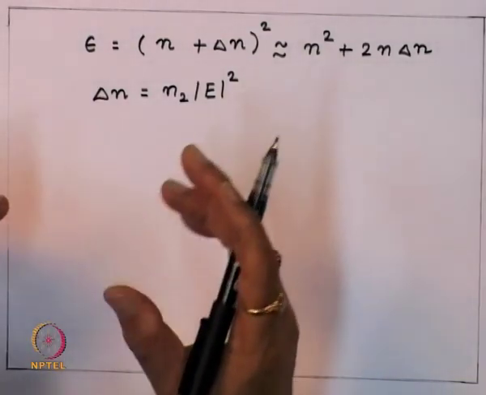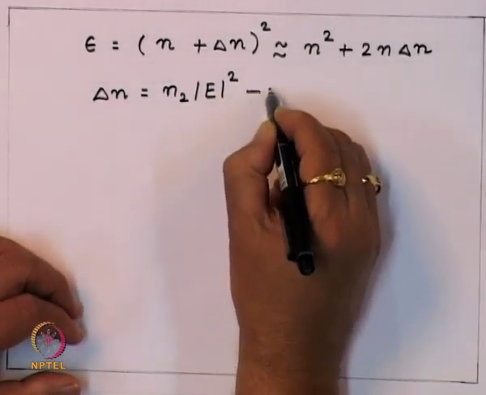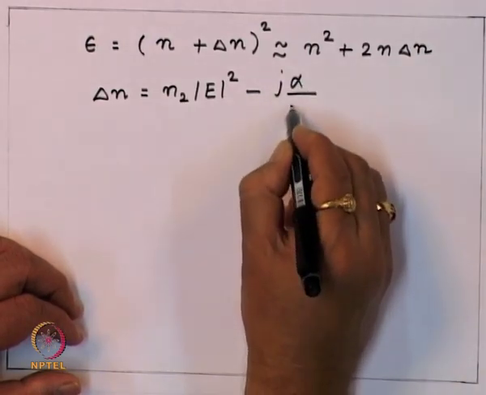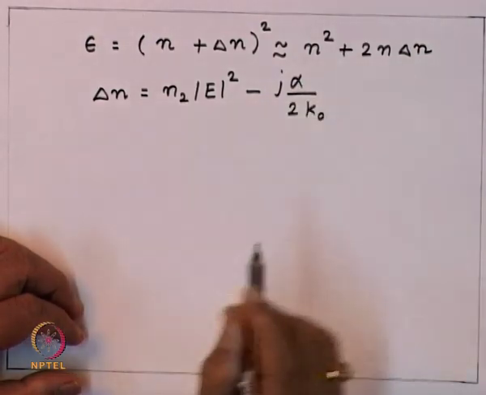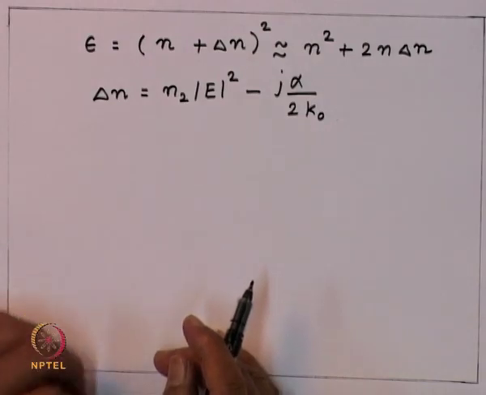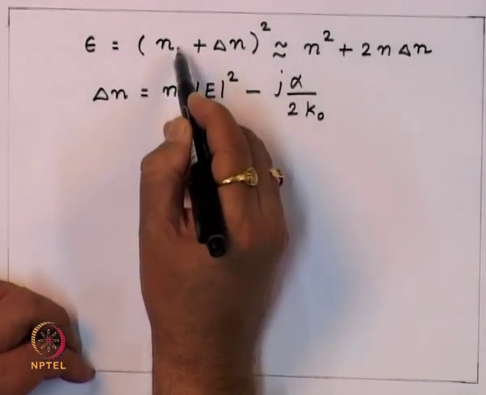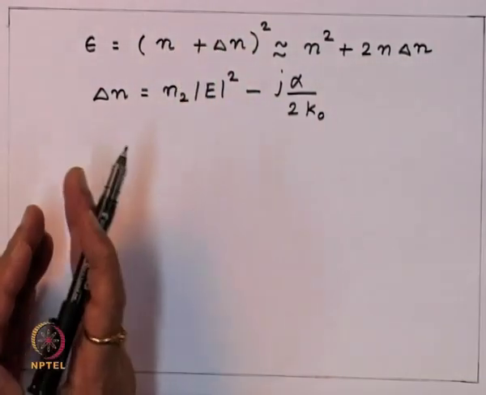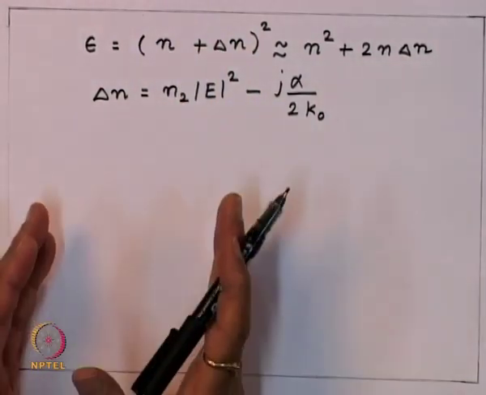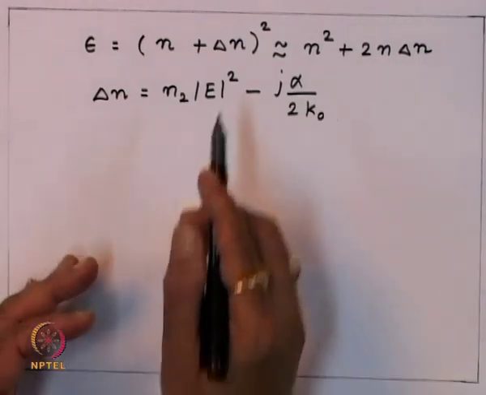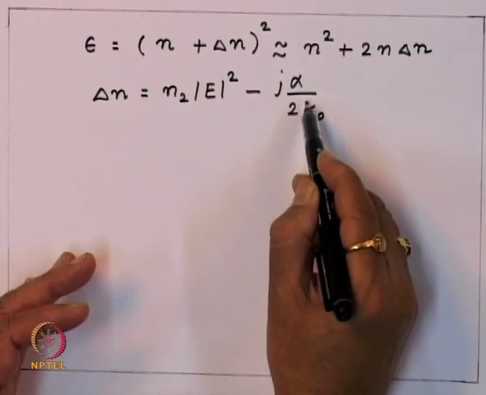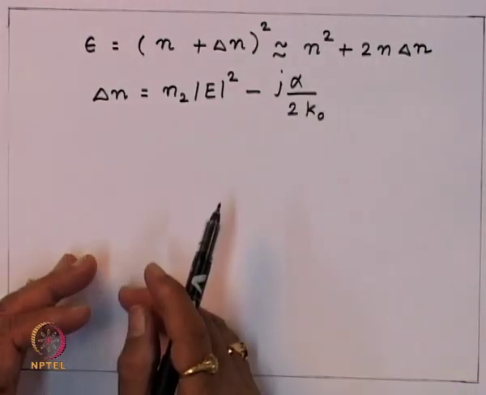So, you have an imaginary term which is minus j alpha divided by 2 times k naught. So, you have the refractive index for a dielectric constant considering only first order susceptibility without the loss term, and then you have a small contribution coming from non-linearity and the loss in the material.